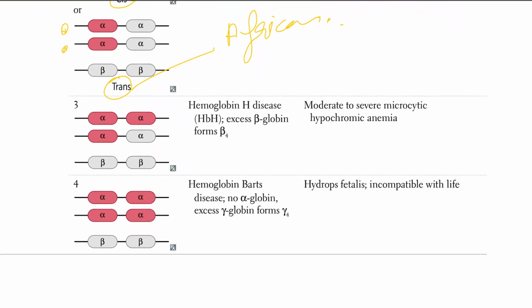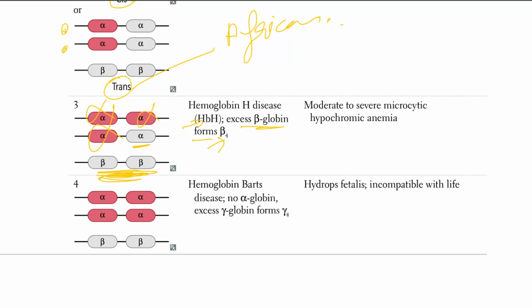Let's see what's going to happen if you knock out 3 alpha. You're only left with 1 alpha and 2 beta, which is normal. I'm talking about beta as being normal. So here what's going to happen is hemoglobin H disease, which is called HbH. Excess beta globin forms beta tetramers.